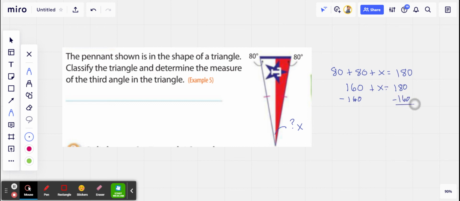That's what we want to do. So this is 0, and I have x left. So x equals 0 minus 0 is 0, and 8 minus 6 is 2. So the angle that we're missing on the pennant is 20 degrees.